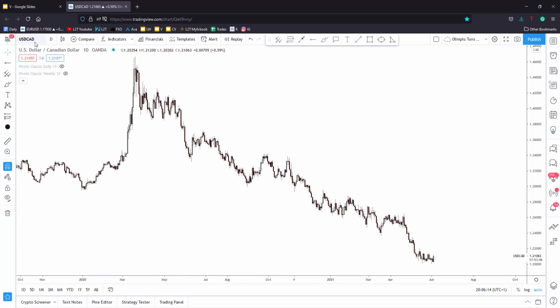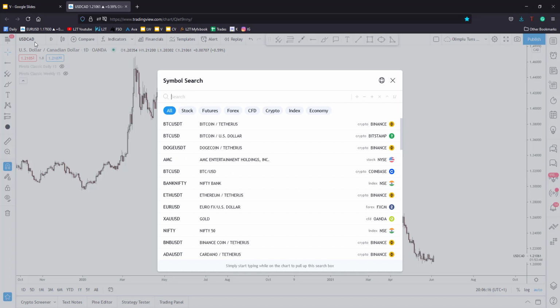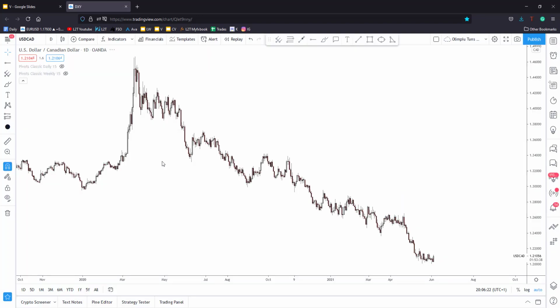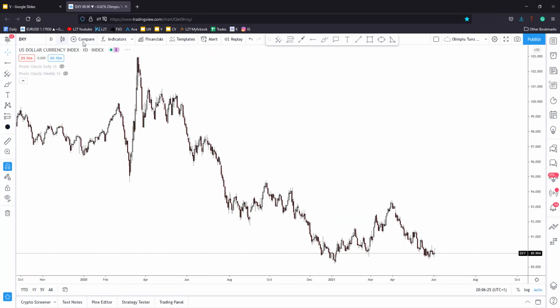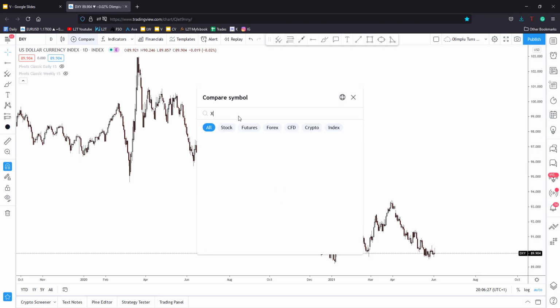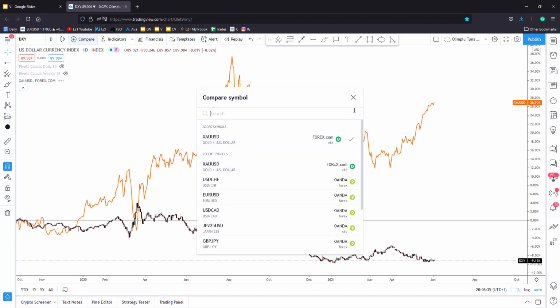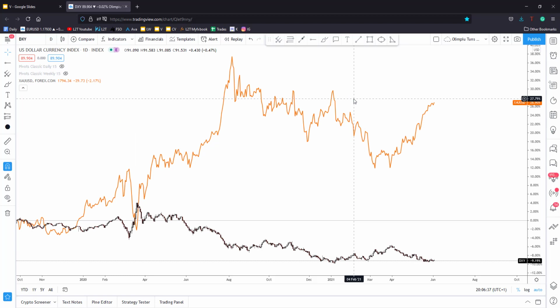Okay, let's take another example, maybe the DXY again, and let's compare it with the price of gold. And let's see if we have a correlation here between these two.